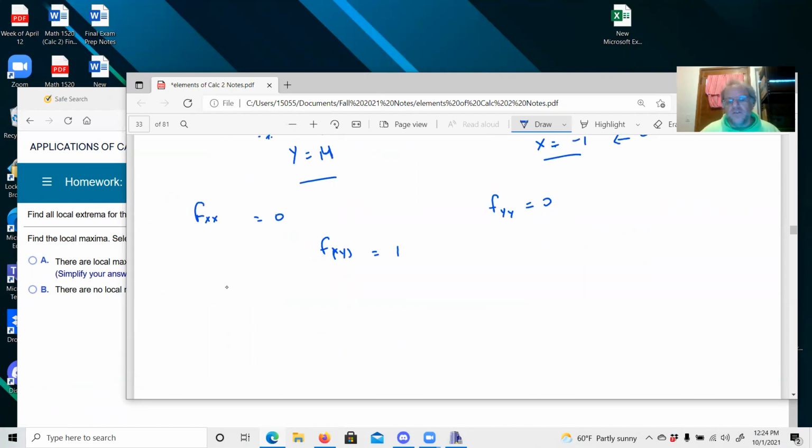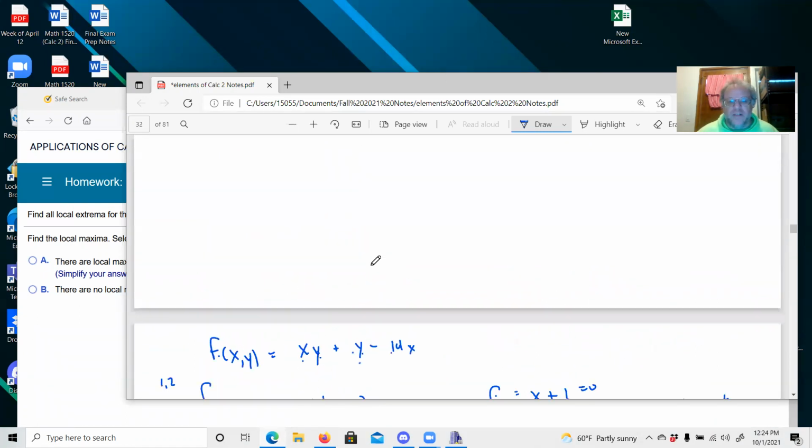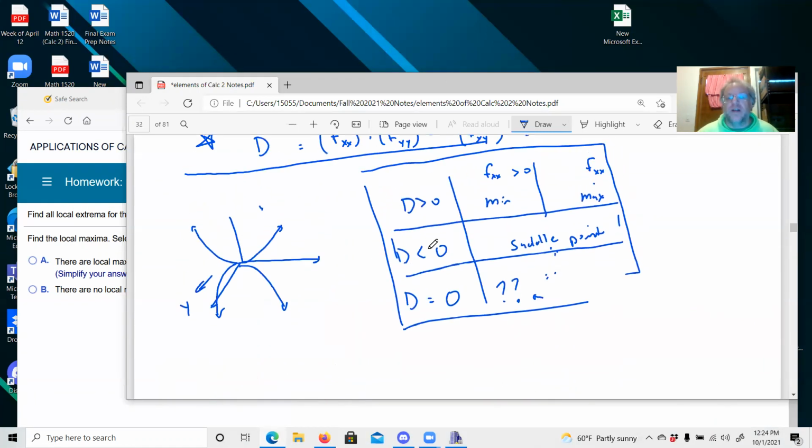So what is this going to be? Fxx times fyy minus f of xy squared. We get 0 times 0 minus 1 squared is equal to negative 1. My determinant here is less than 0. So now we're going to go back to our handy dandy little chart here.